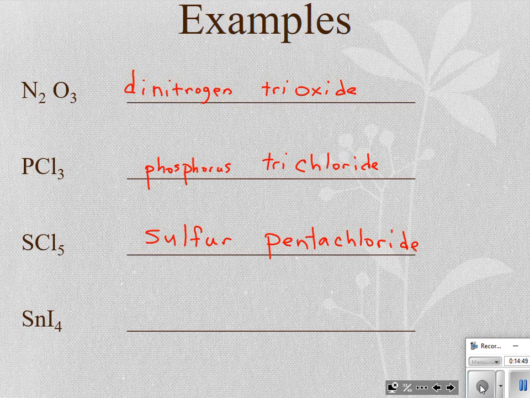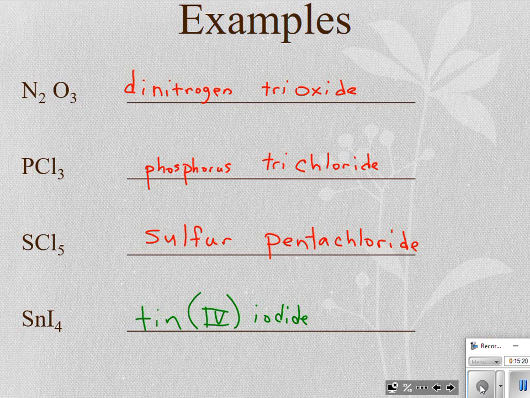I put that on there for a reason to get you thinking, all right, we have to look, do I have 2 nonmetals or do I have a metal and a nonmetal? You know how to name this one. We've already dealt with ionic ones. This would be tin(IV), tin 4 because I need a Roman numeral, tin(IV) iodide.